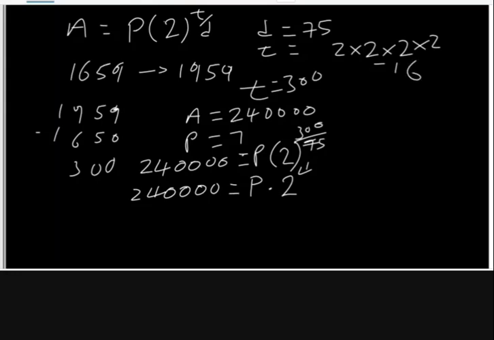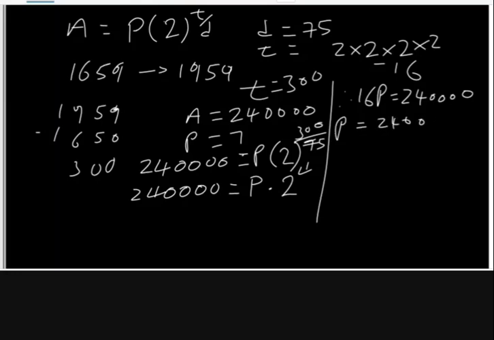Simple. So therefore, we can say that 16P is equal to 240,000. Therefore, P is equal to 240,000 divided by 16.